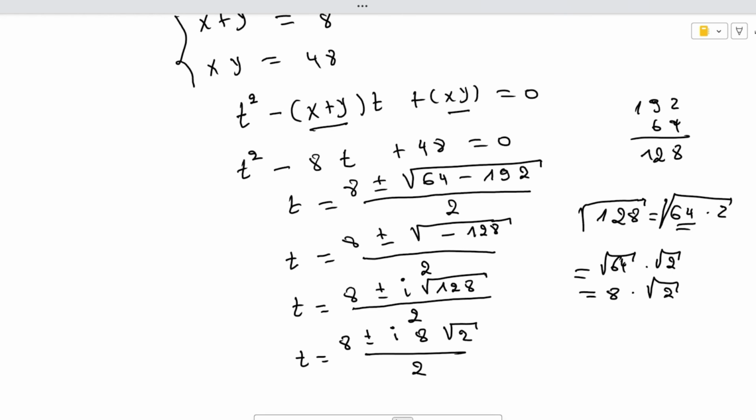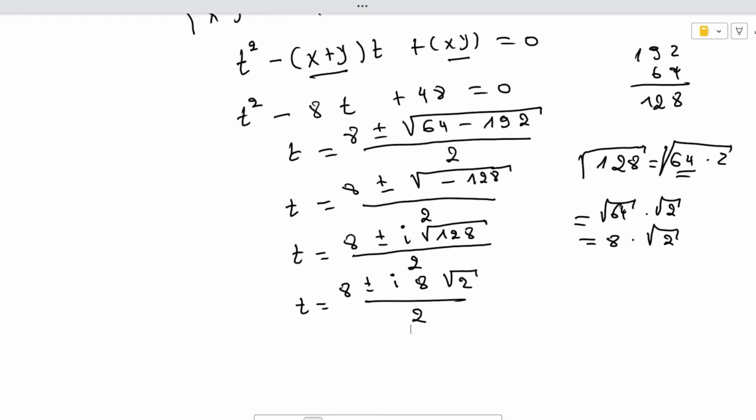And then the final answer will be t equal to 8 plus or minus, no, let's simplify. We simplify by 2, and then we will get 4 plus or minus 4 square root of 2 times i.